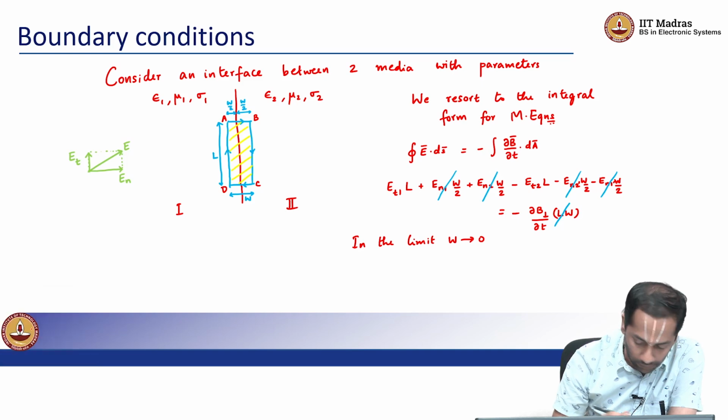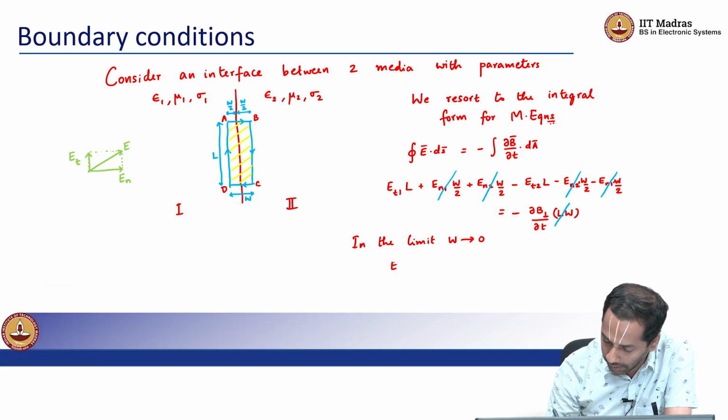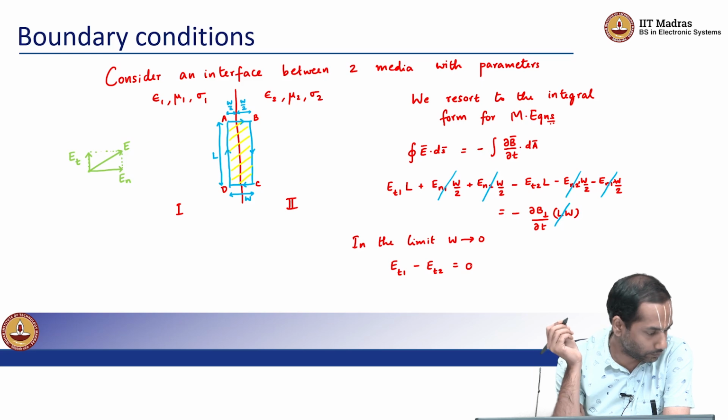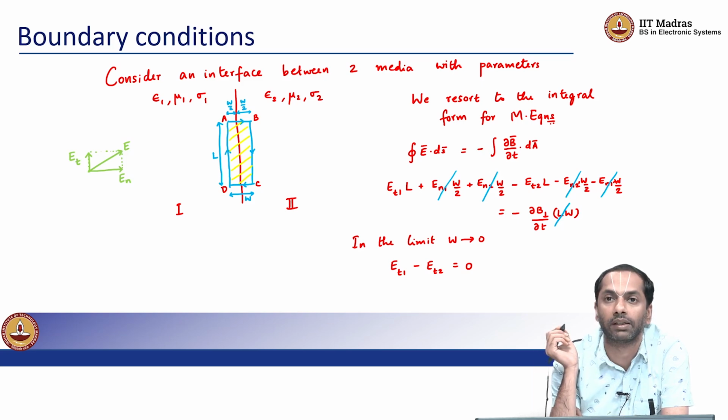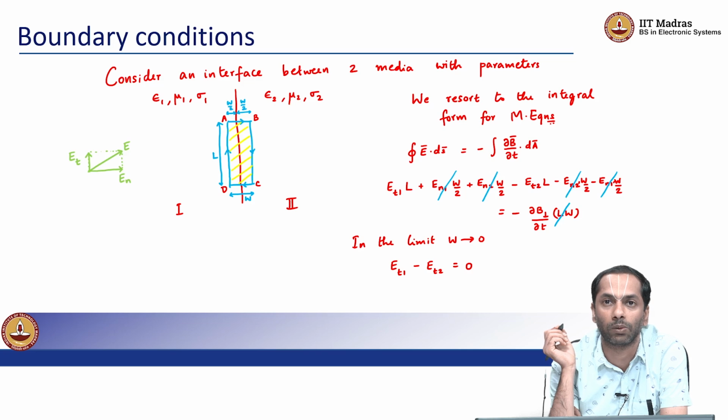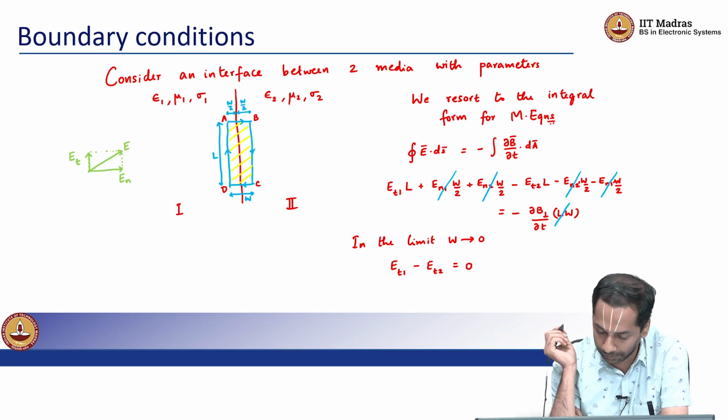So in this limit we notice that Et1 minus Et2 is equal to 0. The L's cancel off, and we find that the tangential component of the electric field has to be equal going across the boundary.